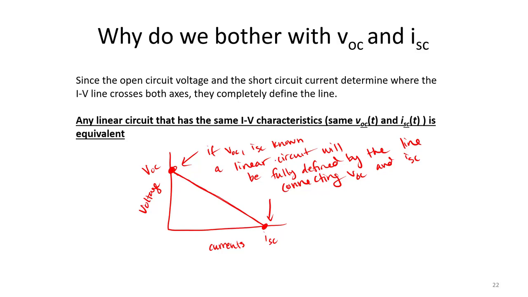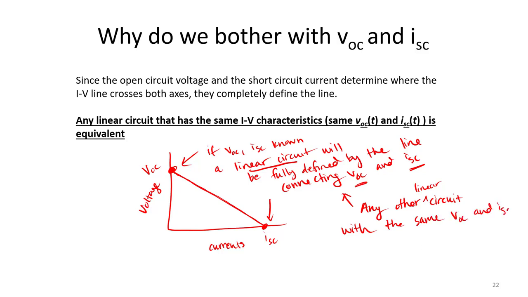So if we have a linear circuit and we know VOC and ISC, then any other circuit with the same VOC and ISC is equivalent, because it will have the same IV behavior.